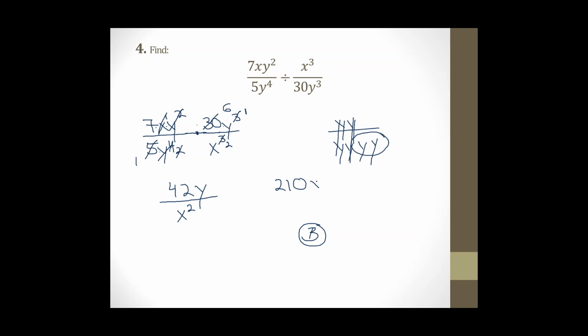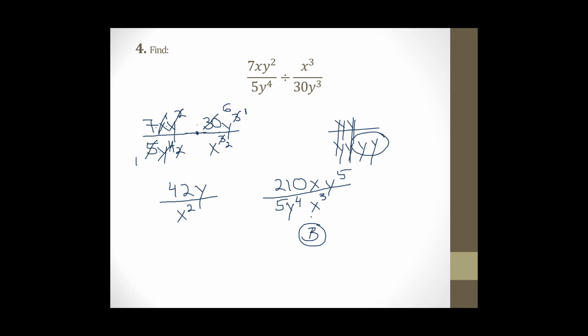So you would have x, and this originally was a 3, so y squared times y cubed would have given you y to the fifth. Then in the denominator you had a 5 and y to the 4th, and nothing to multiply with the x to the 3rd.